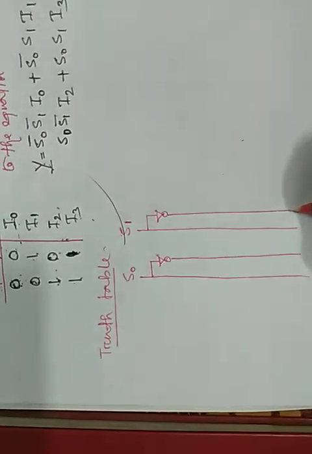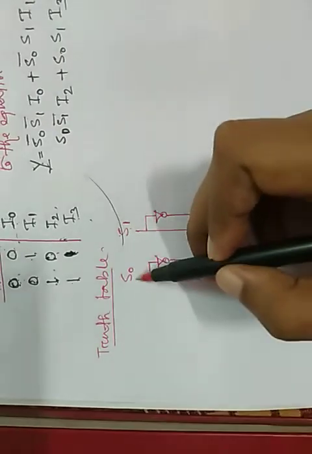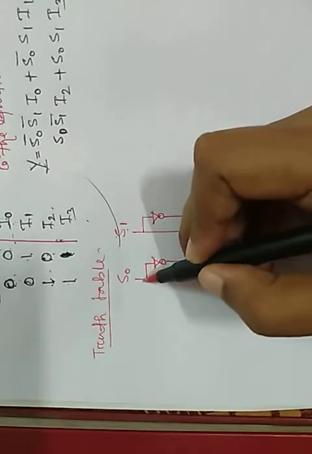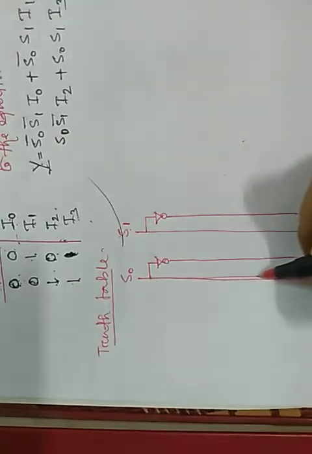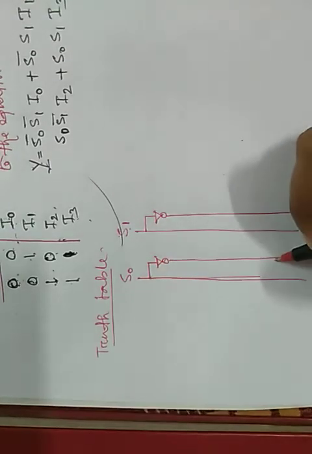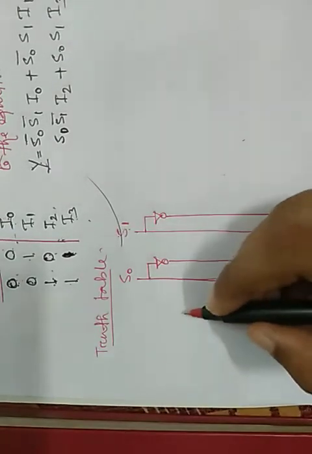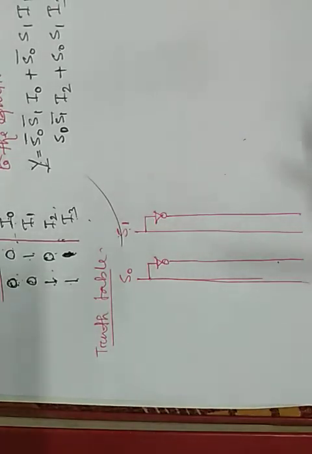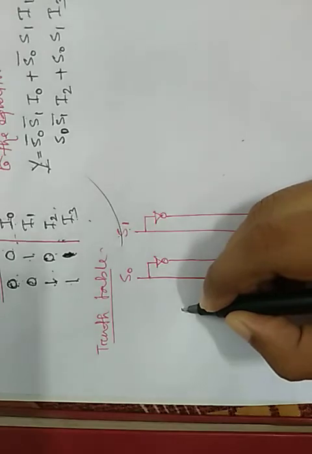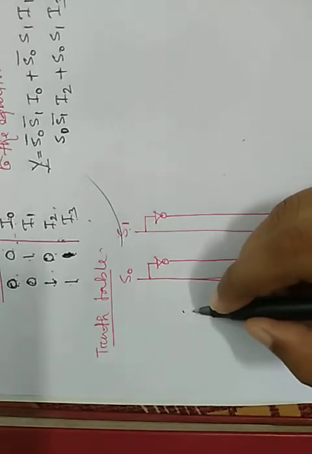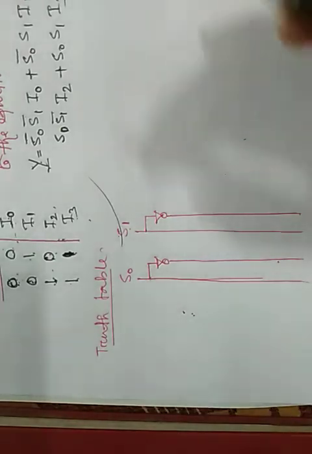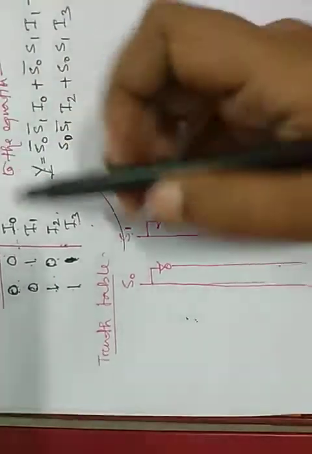Because for 0 we get the direct line, and for 1 we get the complement line. And there are 4 input lines, I0, I1, I2, I3.